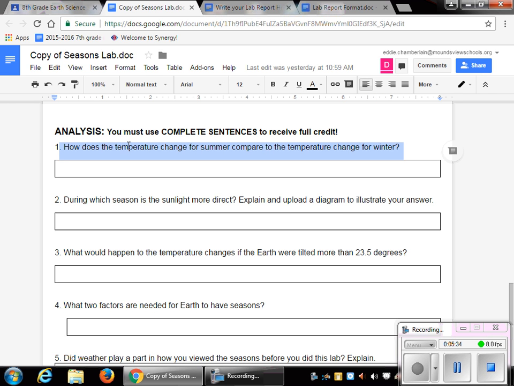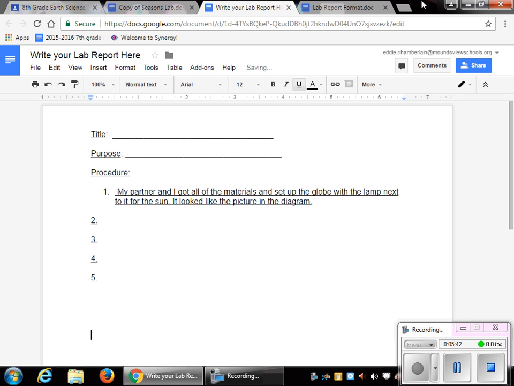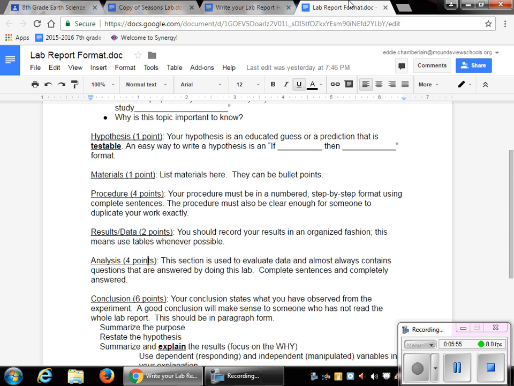You only have to write down the answers. So it says, how does temperature change for summer compared to the temperature change for winter? So when you're actually doing your analysis, after you've done the rest of it, you don't have to worry about writing out the questions, just the answers.